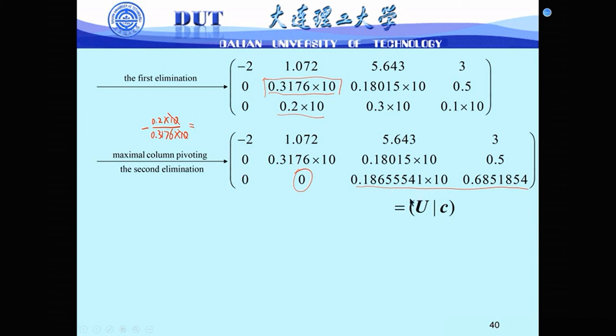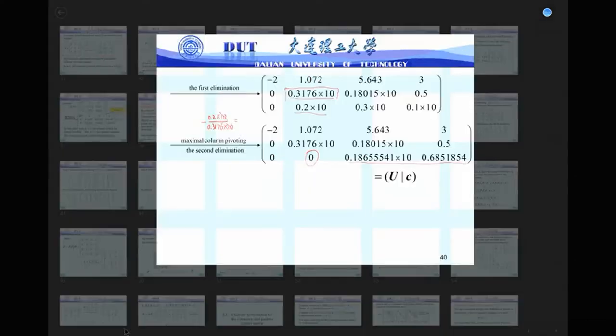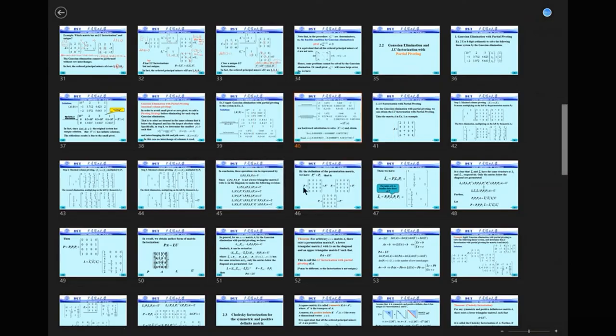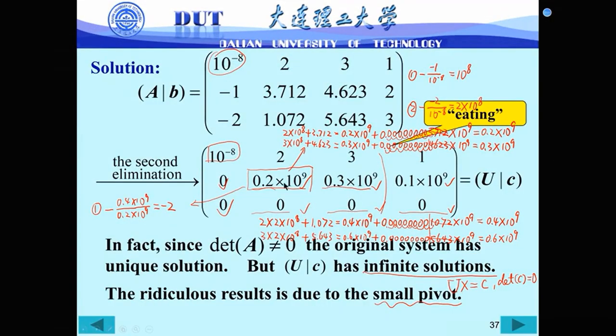But now the key is here. We obtain non-singular U. Okay, you can compare with the example 2. You see here, by example 2 here, you obtain zeros in the third row, 4 zeros. So that means U and C has infinite solution.